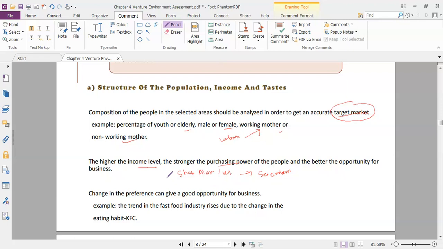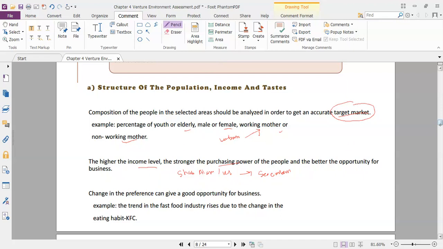Many people are in Shah Alam and KL, and their income level is higher than Seremban. Because of that, many business opportunities are present in Shah Alam and KL. They have stronger purchasing power, enough money to purchase goods.